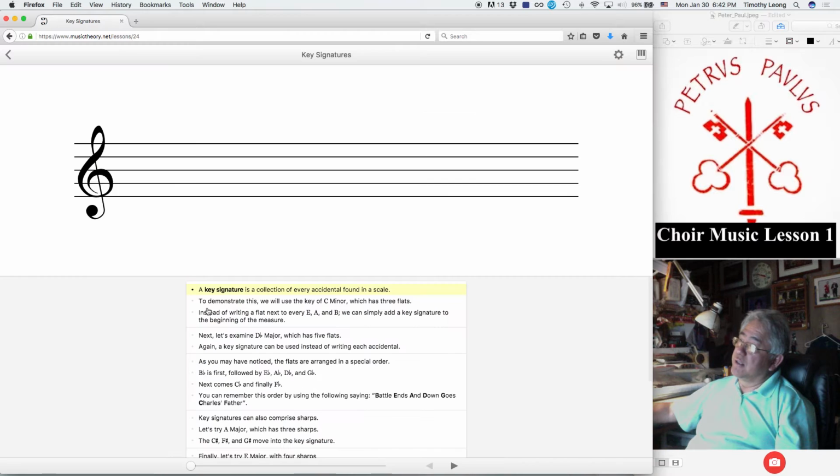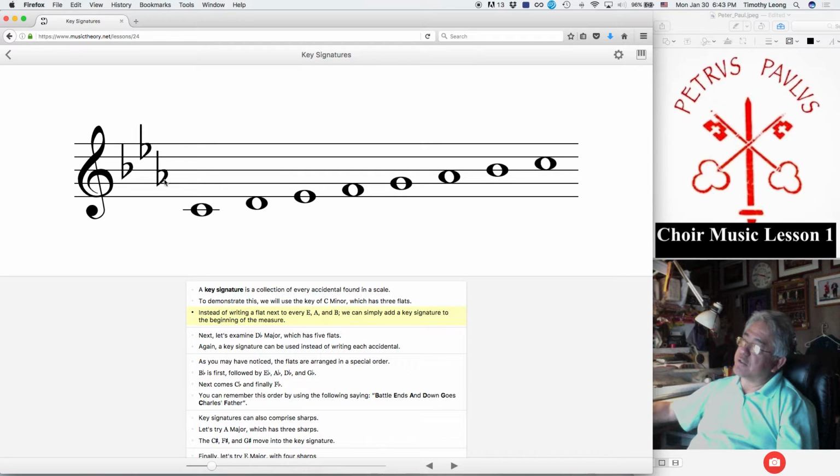Okay? They look like that for a certain key. Now, we're gonna do keys as a separate lesson all into itself. But when you see this stuff right in front of the clef, you know that all of these notes follow a little rule, and the rule is set up in pitch by these things called flats or sharps, and it indicates the key.